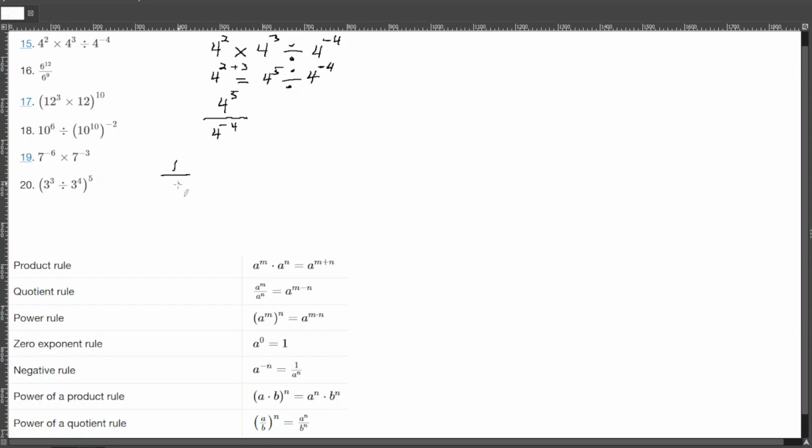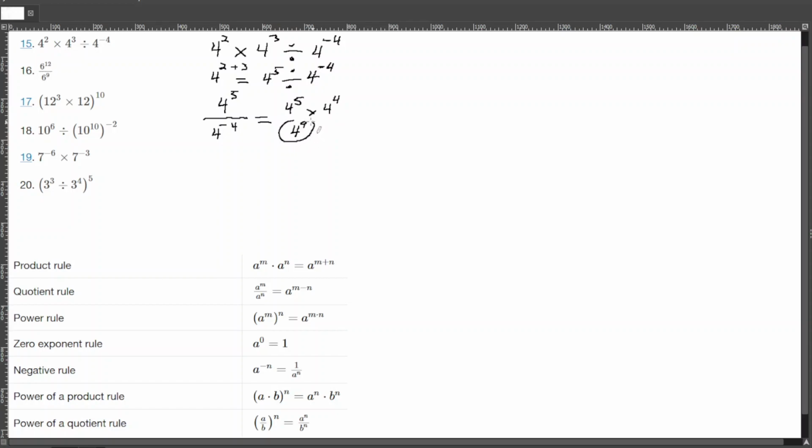If we have 4 to the negative 4, we're allowed to flip this to 1 over 4 to the 4, but since it is a reciprocal, it becomes a times. So this is coming upstairs, so this will be 4 to the fifth times 4 to the 4, which at the end of the day will be 4 to the ninth.